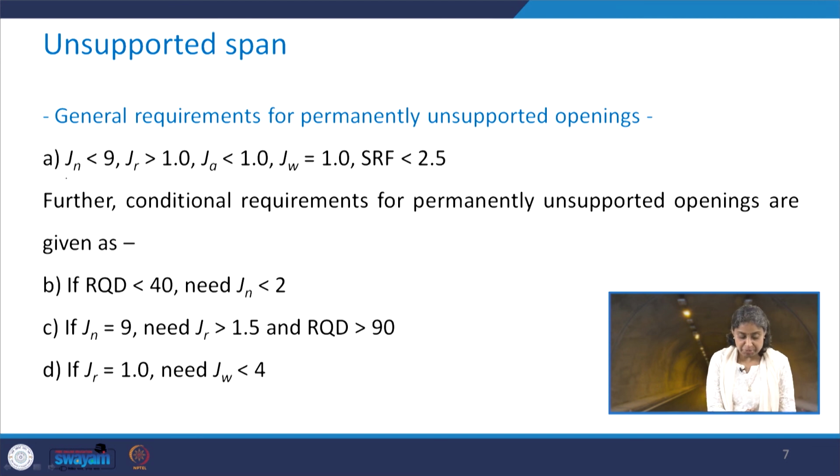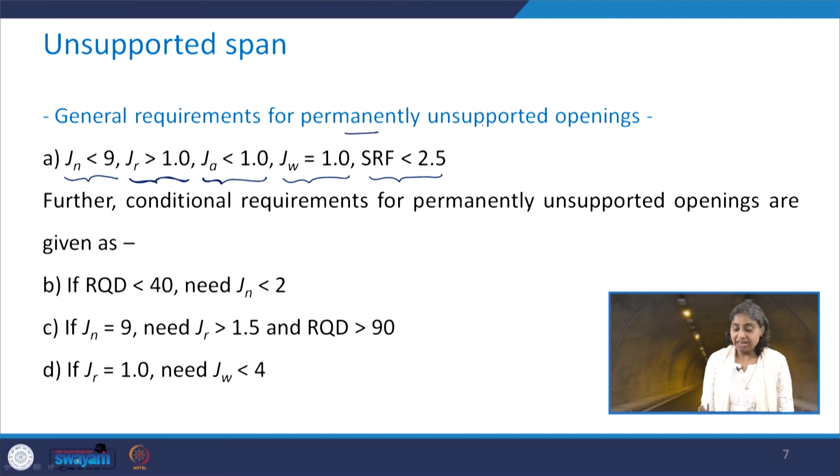JN should be less than 9, JR should be greater than 1, JA should be less than 1, JW should be 1 and SRF should be less than 2.5. So, you see all the parameters of the Q system and you have the limit on each of these for the permanently unsupported openings.